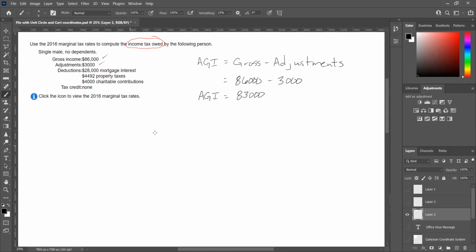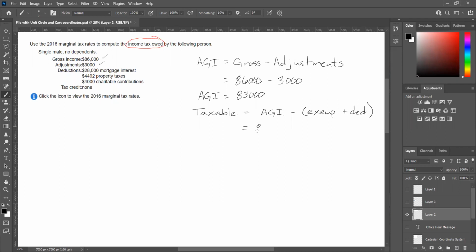We get our taxable income by subtracting from the AGI the adjustments, or the exemptions and deductions. So we'll take a look at that.